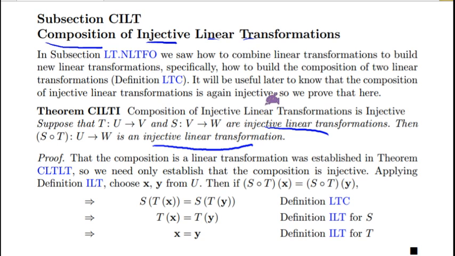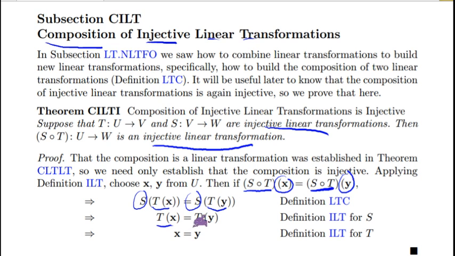And you can prove that directly from the definition of injective. Supposing that the composition applied to a vector X is equal to the composition applied to a different vector Y, then one by one, since S is injective, whatever's inside S here must be equal to whatever's inside S here.